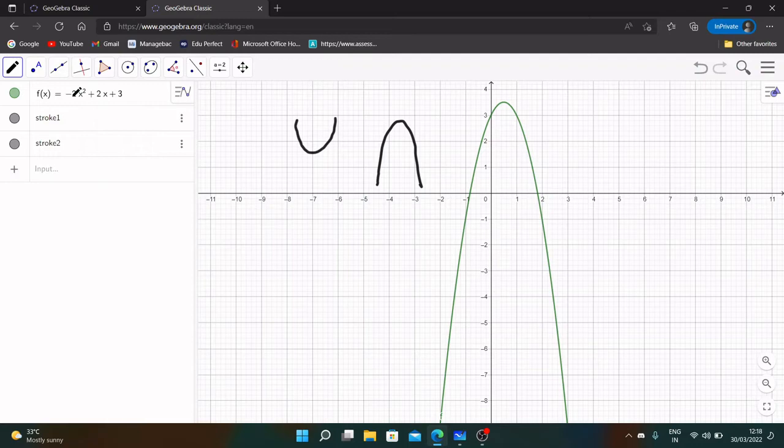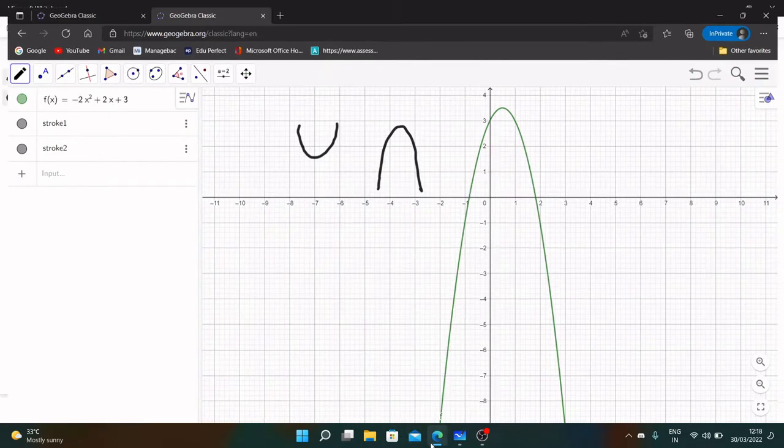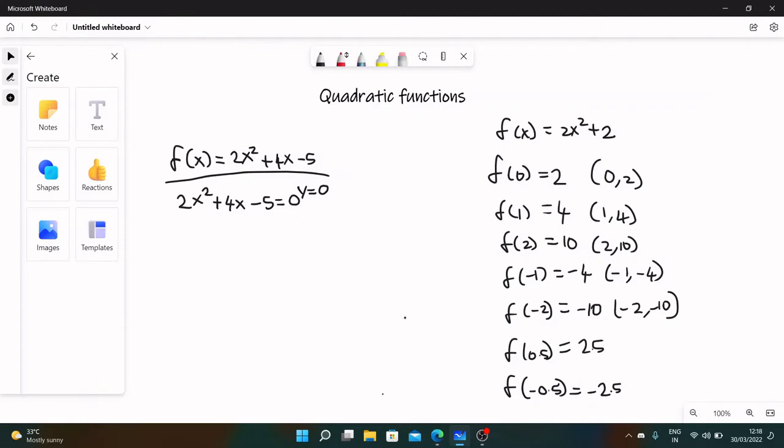These are the two types of parabolas that are considered as a function. I don't know if you noticed, but there is an evident pattern over here. If we go back to the whiteboard, our initial function is f of x equals 2x squared plus 4x minus 5. This is the one that gave us a concave up parabola.